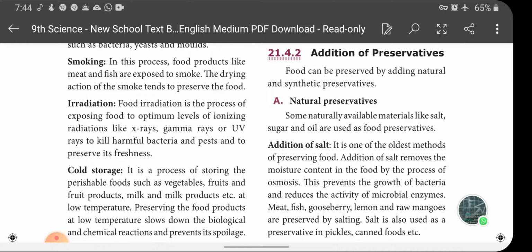Last class I completed the various preservative methods of food, and today I am starting with the addition of preservatives. That means, what are the preservatives we can add to preserve the food substance? Food can be preserved by adding natural and synthetic preservatives.